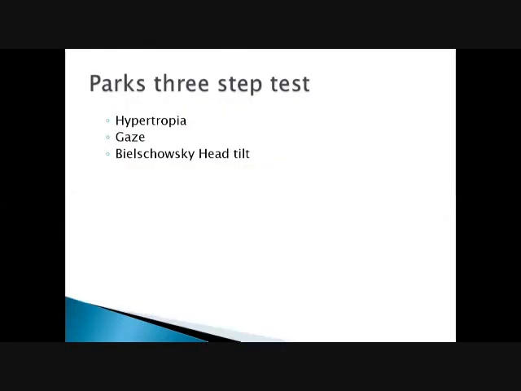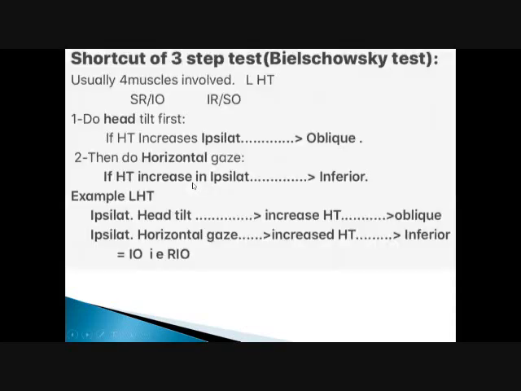So the Parks 3 step test includes identifying which eye is hypertropic, in which gaze the hypertropia increases, and the Bielschowsky head tilt test, in which head tilt gives rise to more hypertropia, an increase in hypertropia. So there's another way of reaching the conclusion in vertical muscle palsy.